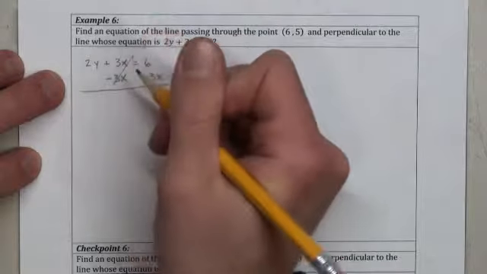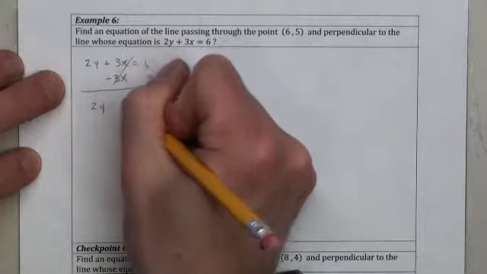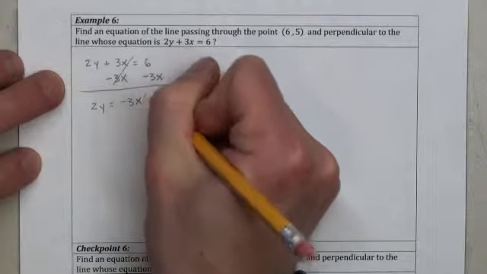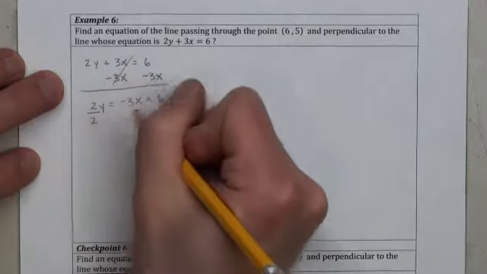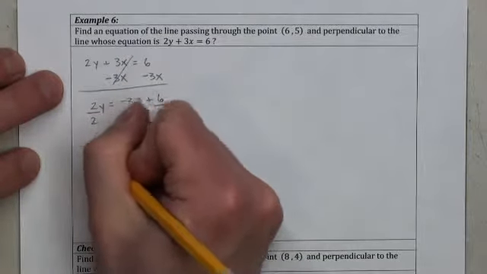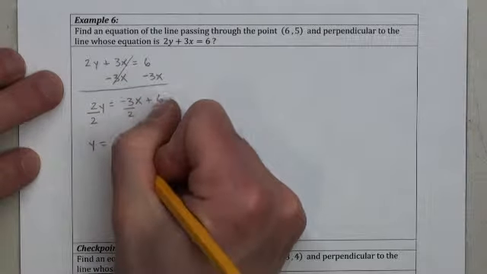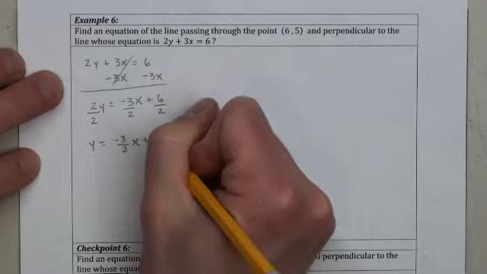So we'll subtract 3x from both sides, and we'll have 2y equals negative 3x plus 6. Now we just got to divide everything by 2. So we end up with y equals negative 3/2 x plus 3.